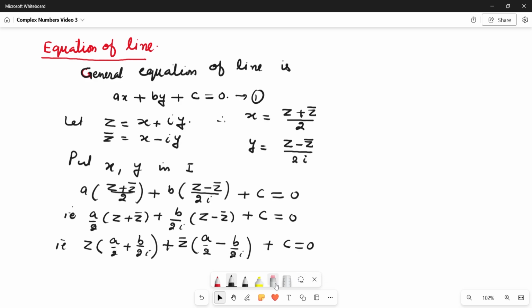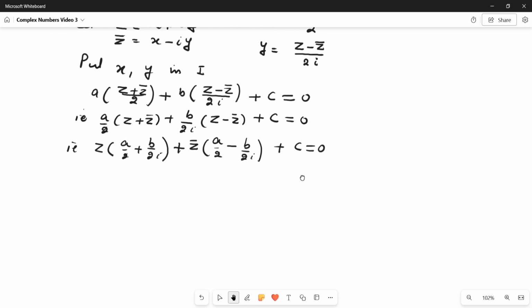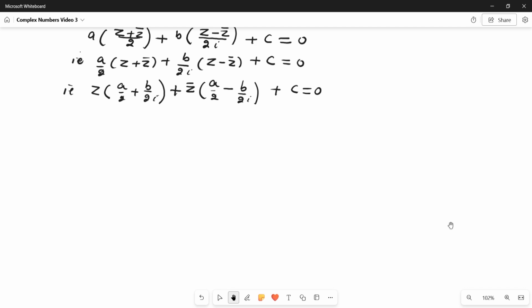Now further, see here, if we multiply b upon 2 iota by iota upon iota, we get minus b iota upon 2.